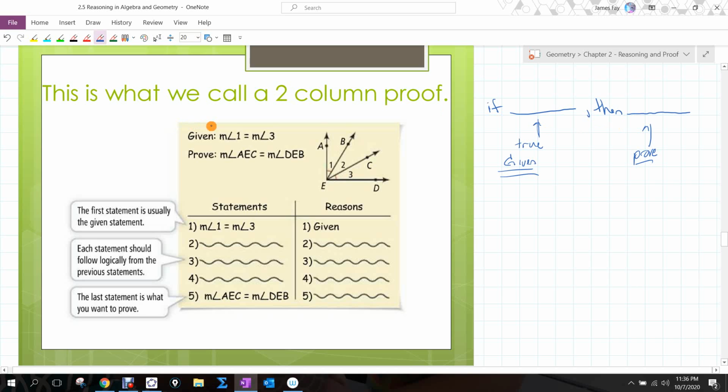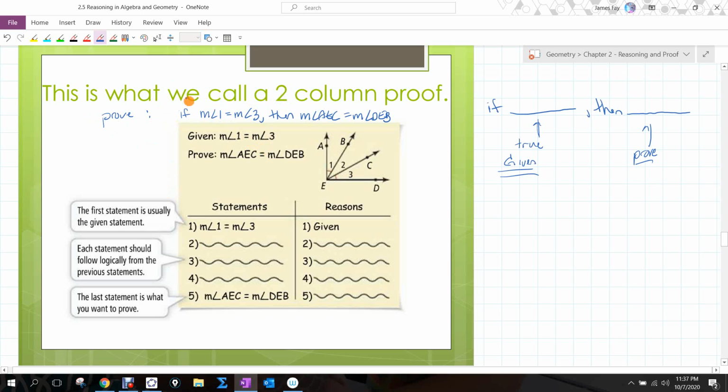So really what we would have here would be the statement that they would have started us off with. It would have said, if measure of angle 1 equals measure of angle 3, then measure of angle AEC is equal to the measure of angle DEB. That's how it would be presented to us, and they would say at the beginning of the question, prove, and they'd put like a colon or whatever, and say prove that if measure of angle 1 equals measure of angle 3.